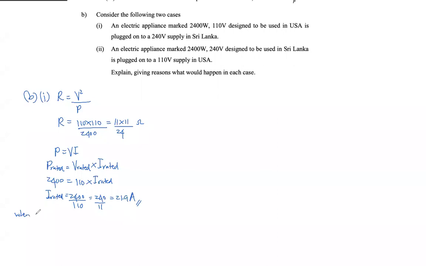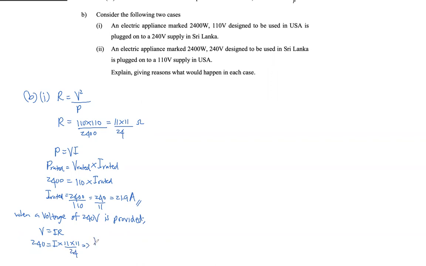When a voltage of 240 volt is provided, what will happen? We can apply V equals IR. We are applying 240; current through the circuit we don't know. Resistance we have found, that is 11 into 11 over 24.